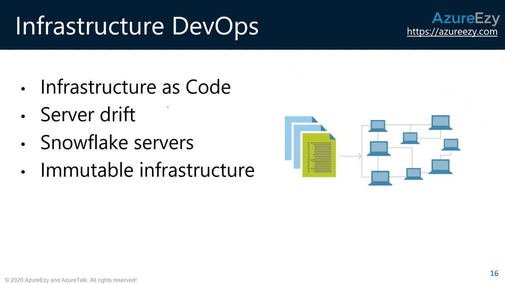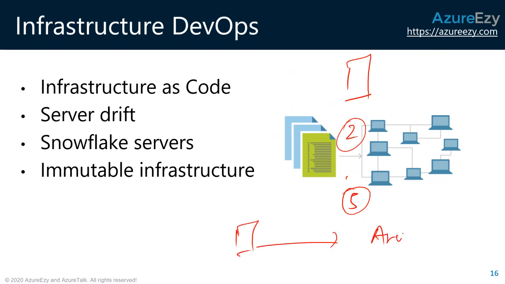Your server is there, and it has been running over 2 years, or 3 years, 5 years, 6 years. Now after 5 years, you want to migrate it to Azure. Now you don't know what changes have happened over a period of time, over 3 years. And that's what we call a Snowflake server.